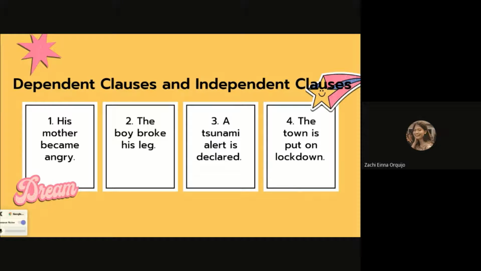So ito po ang pagkakaiba ng dependent clause at independent clause. Pag sinabi nating dependent clause, ito yung mga clause or mga sentence or phrases na kulang yung diwa niya. Pag sinabi naman nating independent clause, naiintindihan natin yung clause na yon or phrase na yon at buo ang diwa niya.